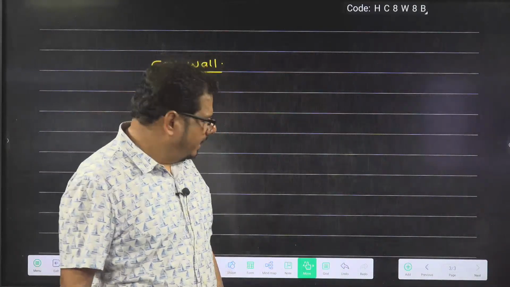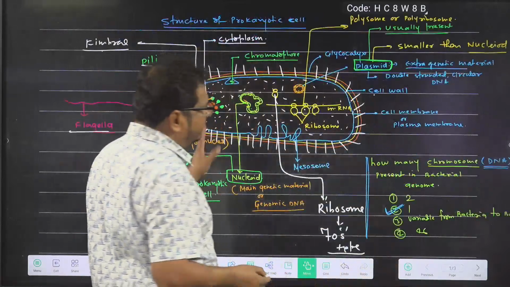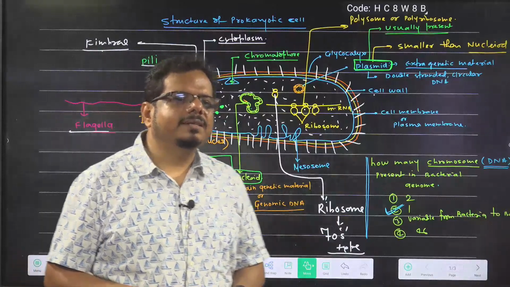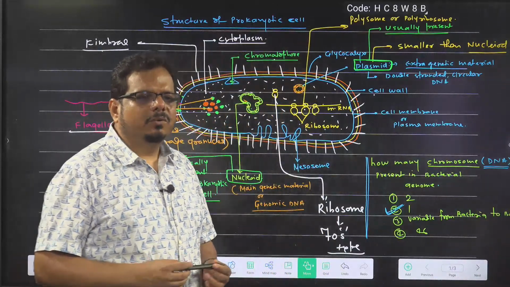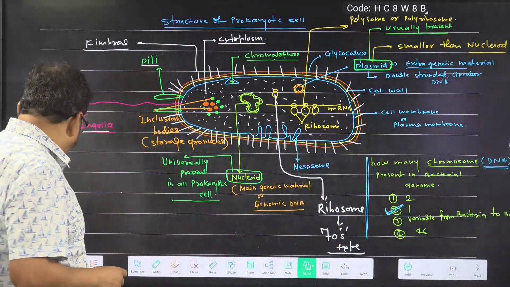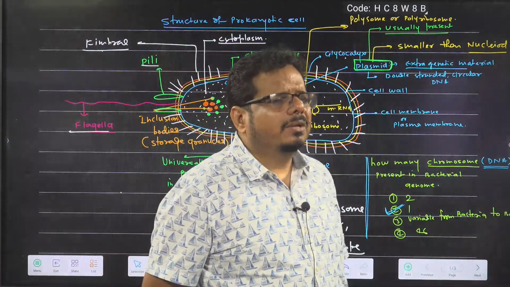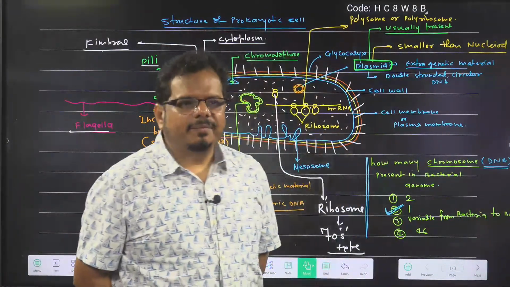So, you people did not note this diagram? One student writing, sir, once again show the diagram. Noted, na? In the last, I will also give you the QR code. You can scan the QR code, and the entire board will come on your mobile. Don't worry about it.